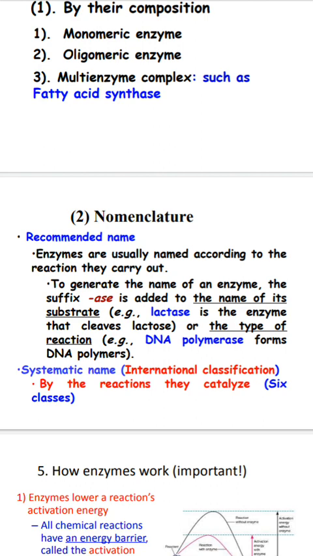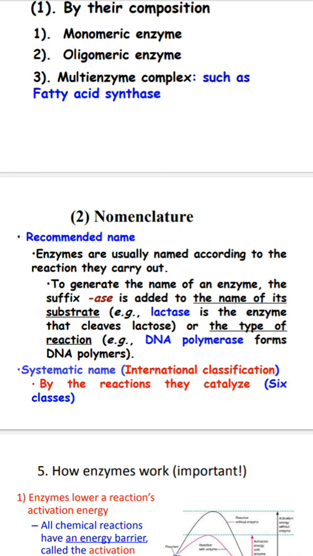Just like here we give a nomenclature. Enzymes are usually named according to the reaction that they carry out. If we look at the prefix and suffix parts of enzyme names, the last part is replaced by the particular suffix.